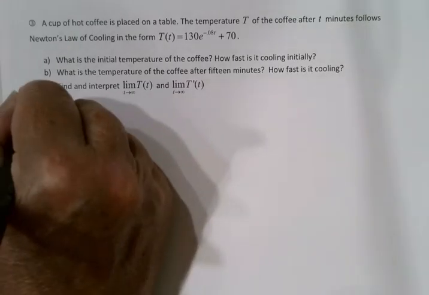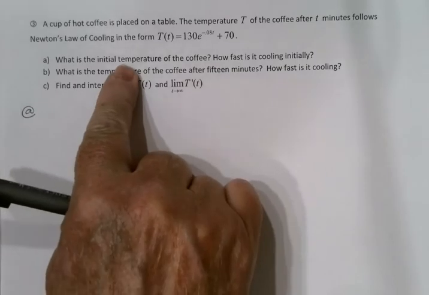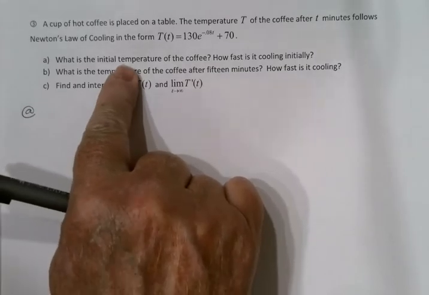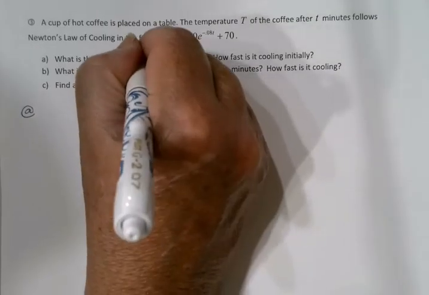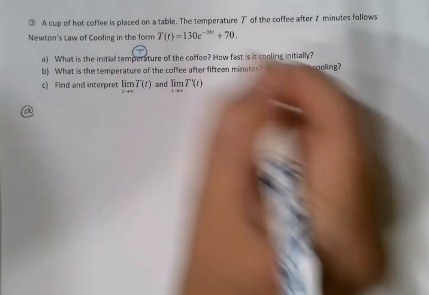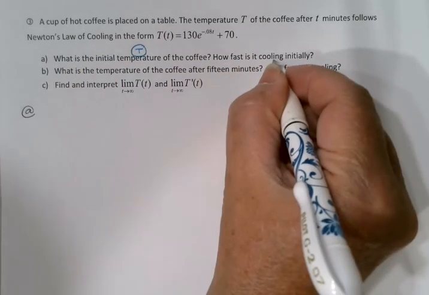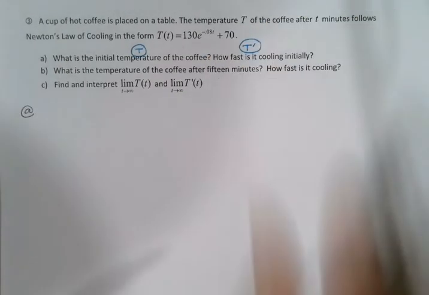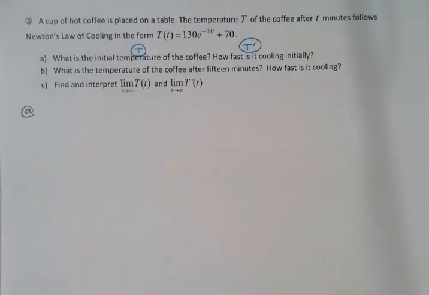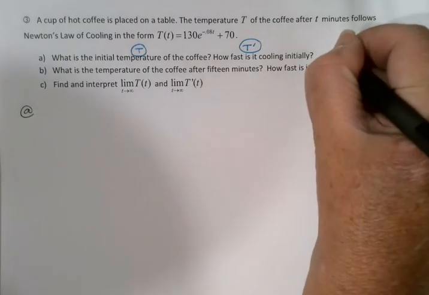So first of all, we would like to know what is the initial temperature of the coffee and how fast is it cooling initially. So the temperature is going to be T, but how fast it's cooling, that's the rate of change of T. So that's going to be T prime. So we're being asked a question here about both T and T prime, initially or at little t equals 0.